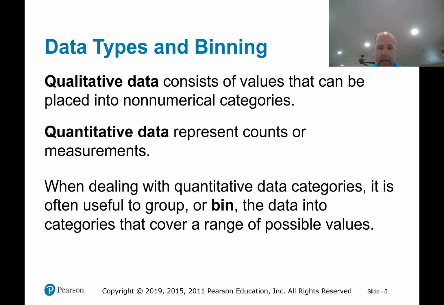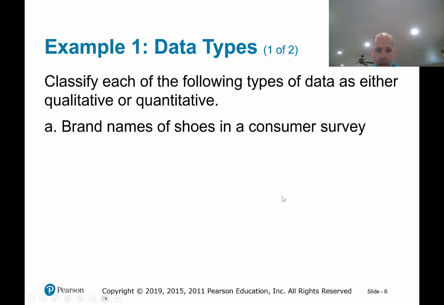Now, when you're dealing with quantitative data categories, it is often useful to group things into classes or bins. This happens when your range of values is large, right? And you don't want to have a whole bunch of bins, so we group them into grouped frequencies or grouped classes, okay? So each bin represents a range of values instead of just one particular value.